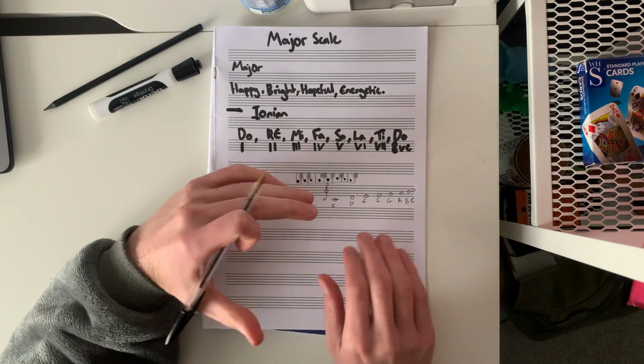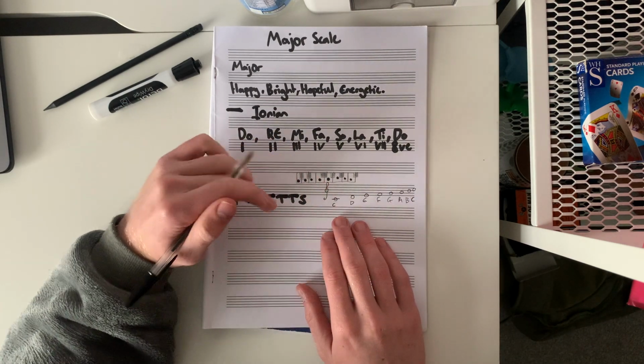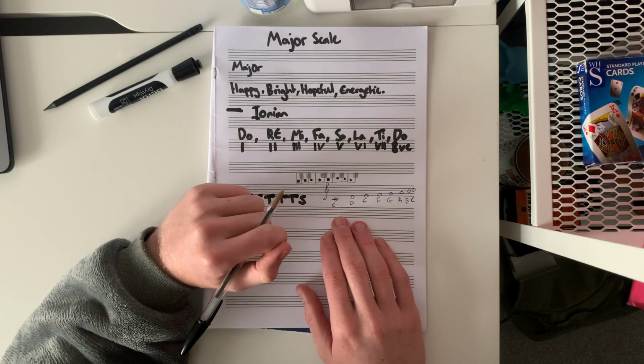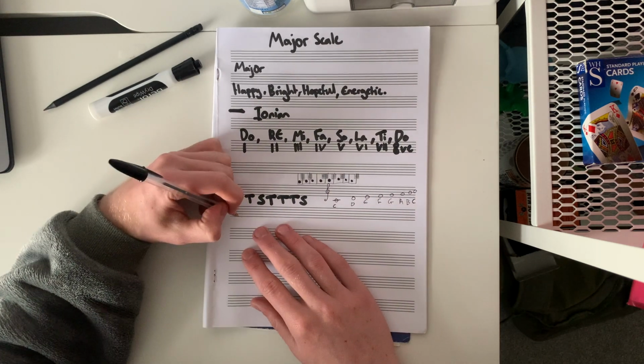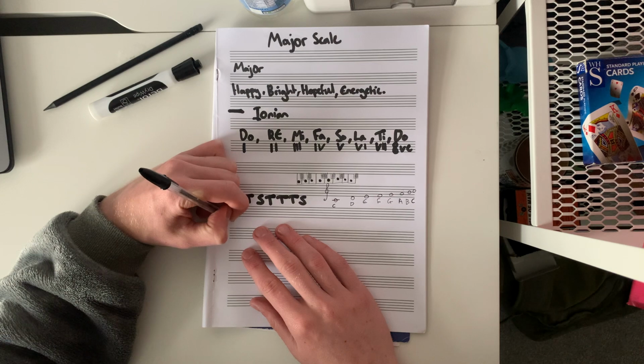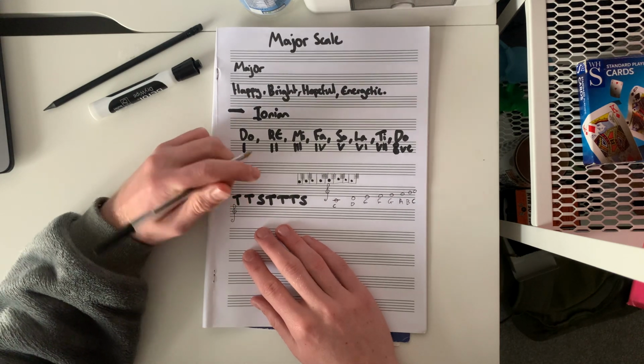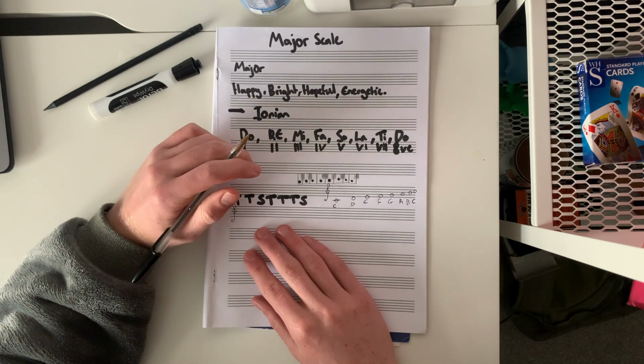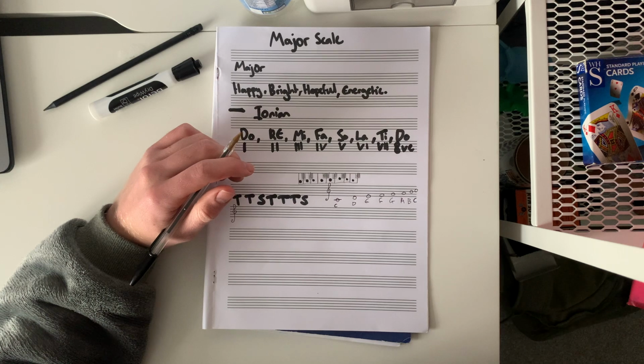Now, let's have a go. I'm going to use that same formula, but I'm going to start on a different note. I haven't decided what that note is yet.